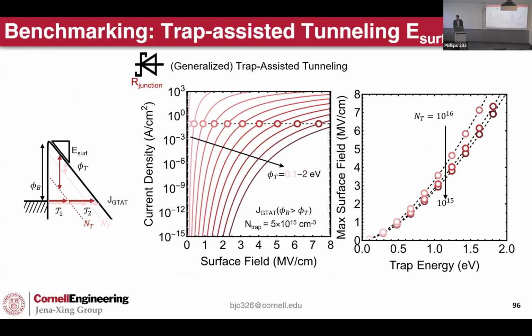But there's extensive work out of Steve Ringel's group about mapping out the traps. In high quality material, is there anything in that region? I think so. To my knowledge, there was a paper a few years ago where they got 10 to the 14 doping, which means their traps are much less than that.